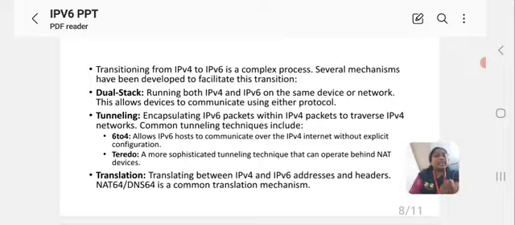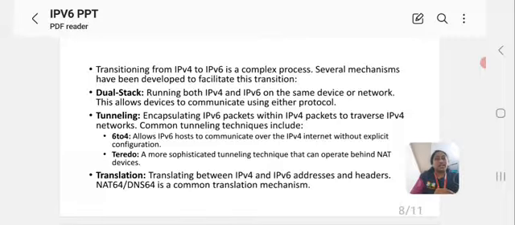Common tunneling techniques include 6to4 and Teredo. 6to4 allows IP version 6 hosts to communicate over the IP version 4 internet without explicit configuration. Teredo is a more sophisticated tunneling technique that can operate behind NAT devices. Translation means translating between IP version 4 and IP version 6 addresses and headers. NAT64 and DNS64 are common translation mechanisms.